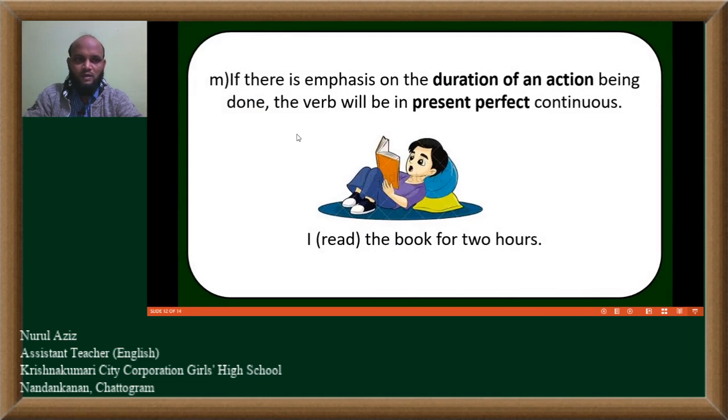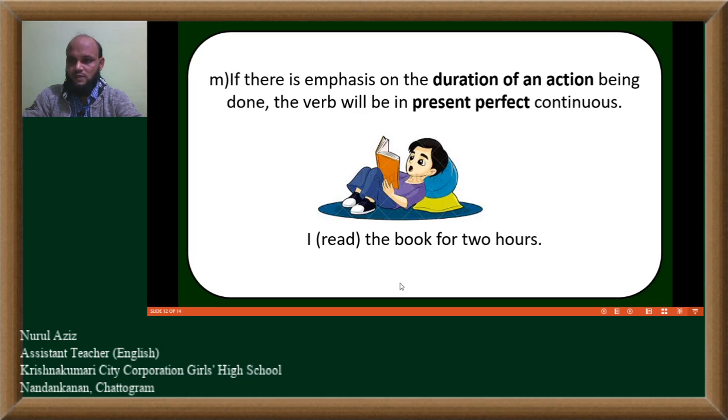Next, if there is emphasis on the duration of an action being done, an activity is going on, and there is a mention of the duration of this activity, how long this activity is going on, the verb will be present perfect continuous.